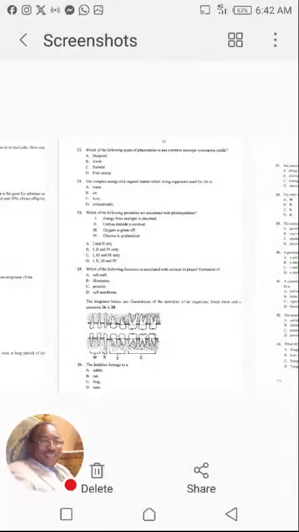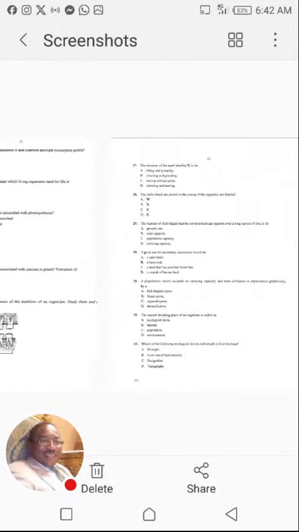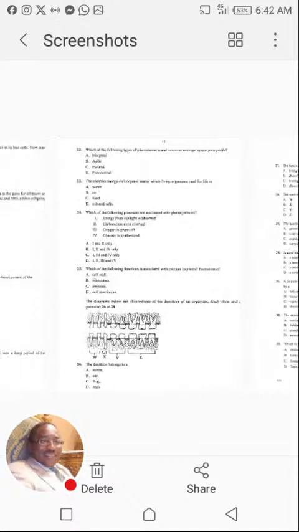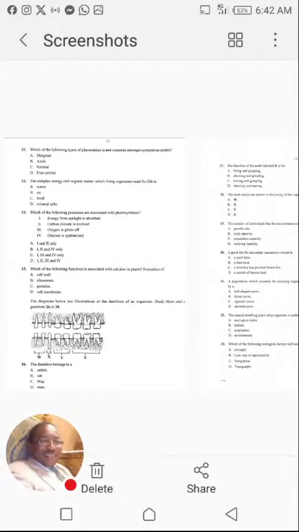The function of the teeth labeled X is for: A, biting and grasping, no. B, chewing and grinding, no. Then C, tearing and grasping.